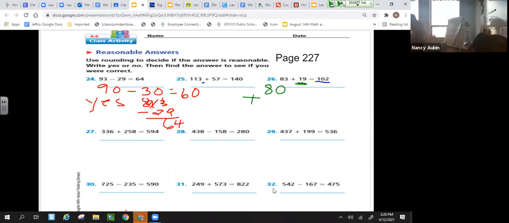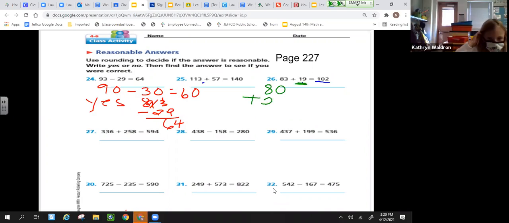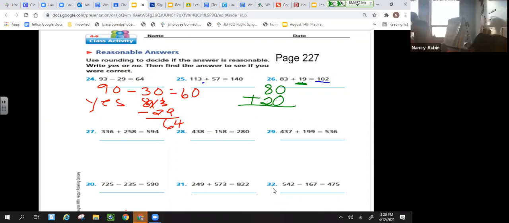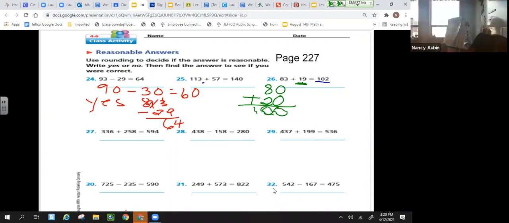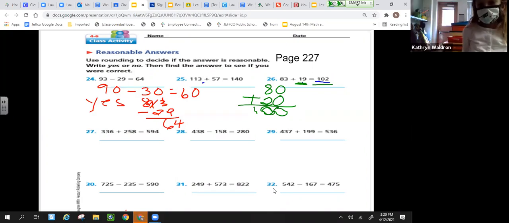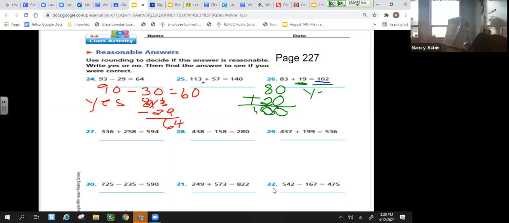And then 19 is greater than 5, so you'd write 20. You add those. What do you get? Is that reasonable? Yeah, that's what I got. That's reasonable.